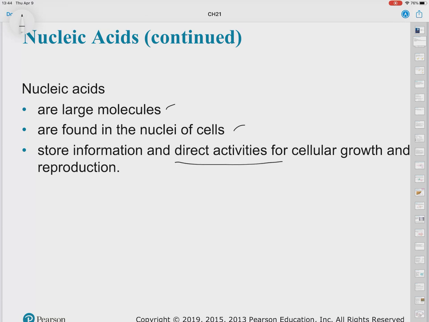And then it stores the information, and in some cases can direct cell responses. So in some cases, just growing cycles or mitosis, when cells split in half, can be directed by movement or reorganization of nucleic acids.